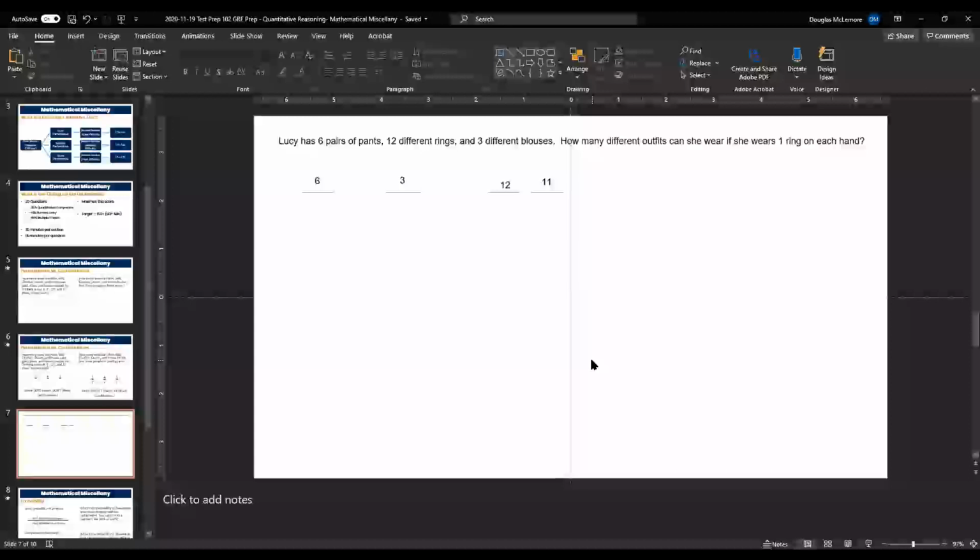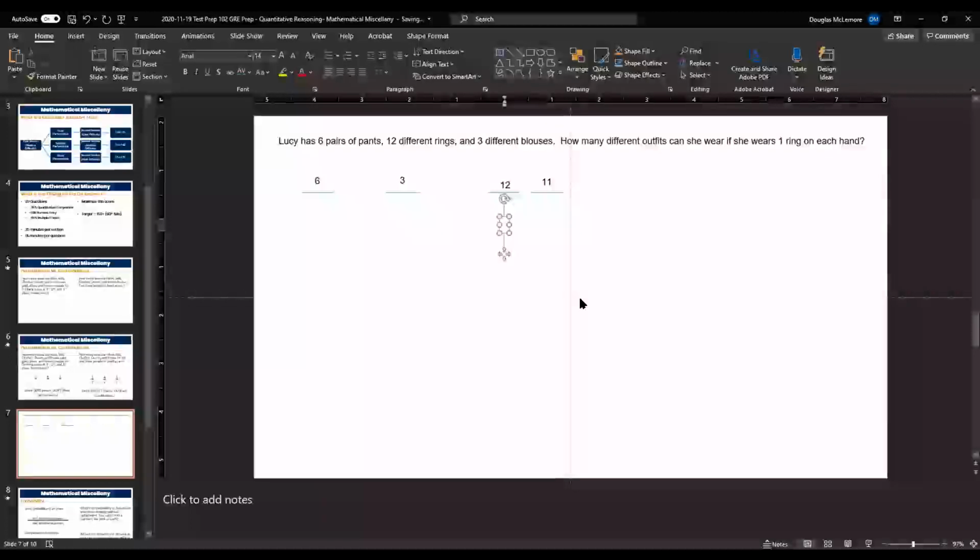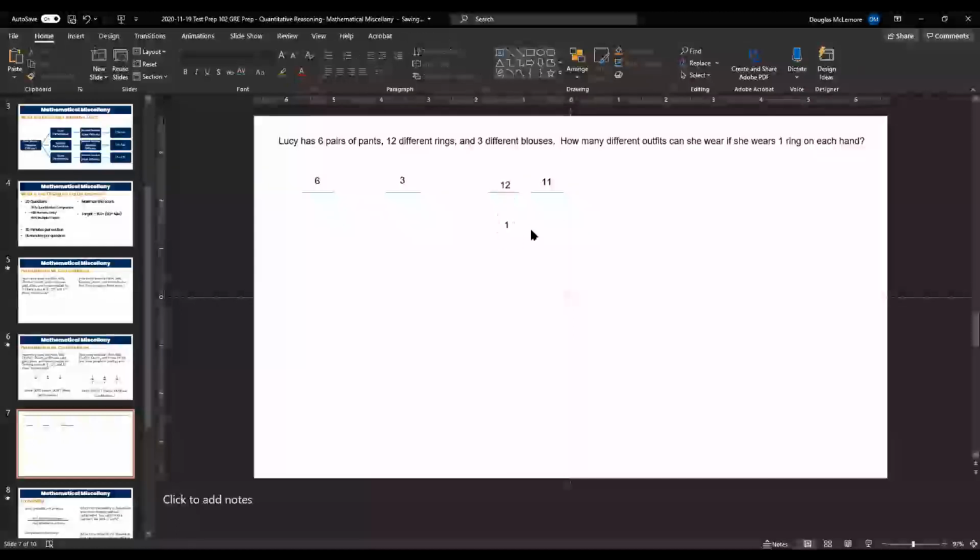If she wears one ring on the left hand, one on the right hand, that's the same as wearing it on the other hands. That's at least what we're going to assume. And that's actually the level of assumption that the GRE is going to make. Even if the order didn't matter, 6 and 3 isn't going to change, you divide those by 1. So if the order doesn't matter, what do I do? I do divide. So I'm going to divide this one by 1.